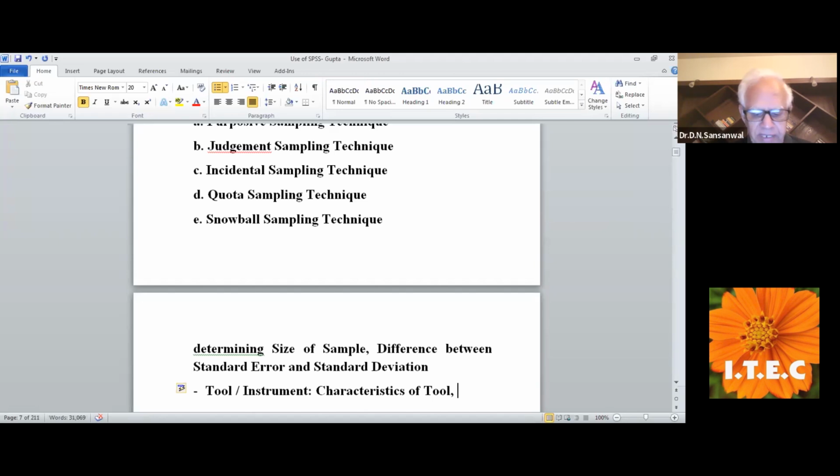Then I will be telling you the difference between measurement and assessment.